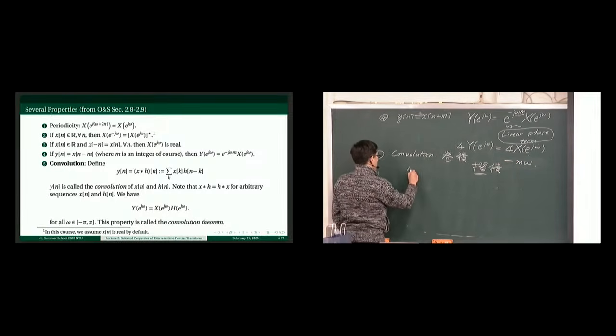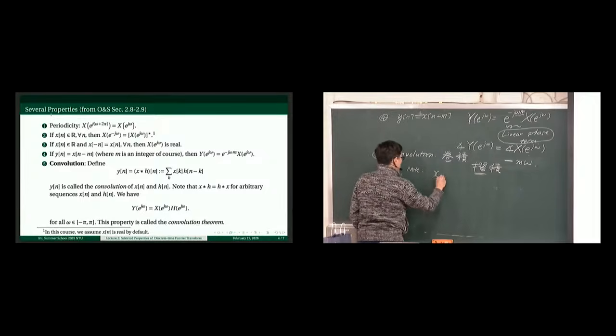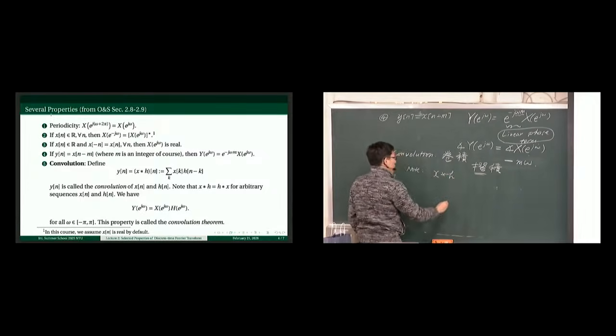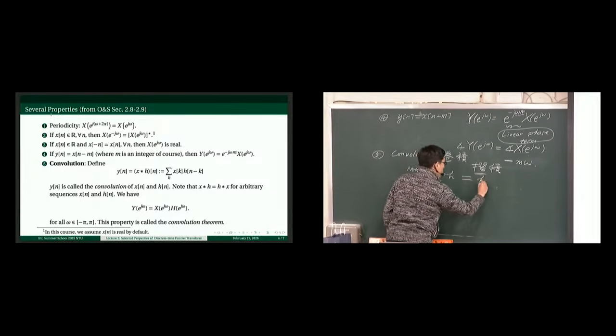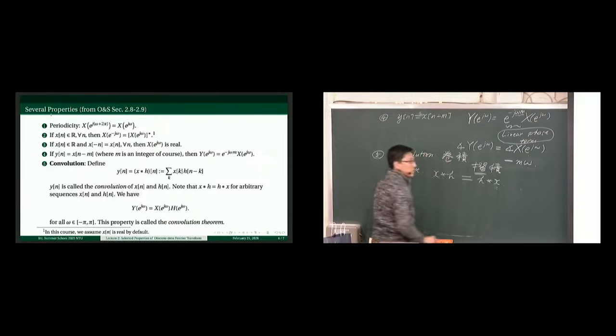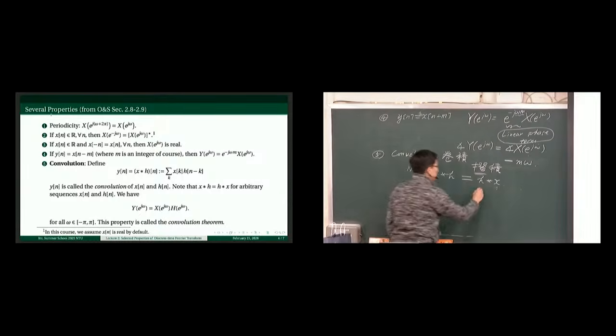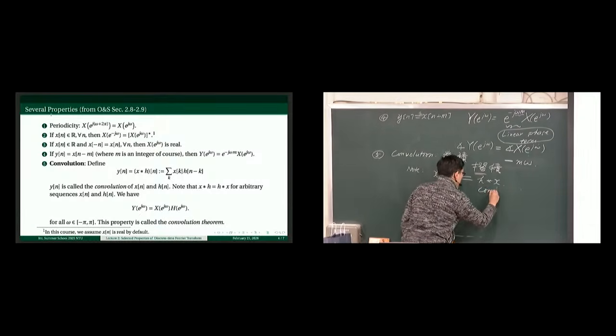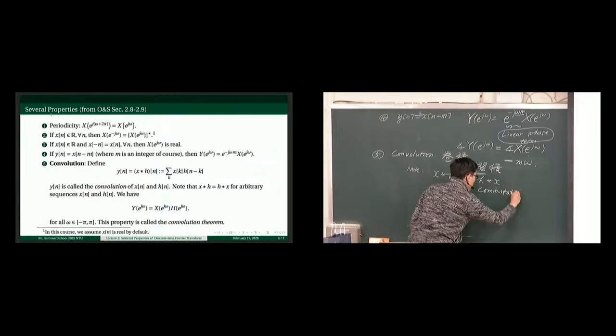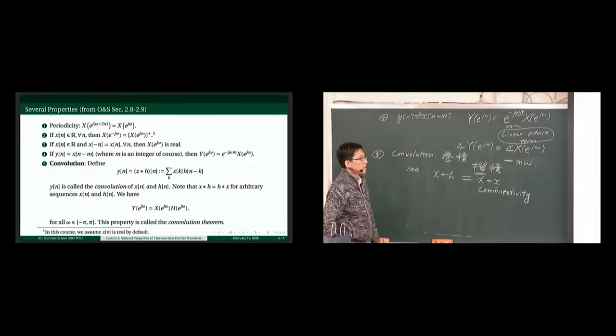So just note that x convolved with h by this definition equals h convolved with x. Doesn't matter. You can change because this binary operation is commutative.